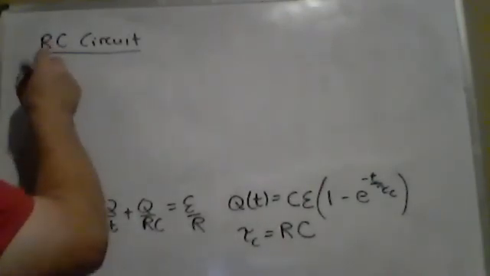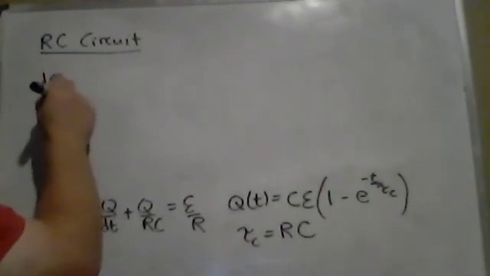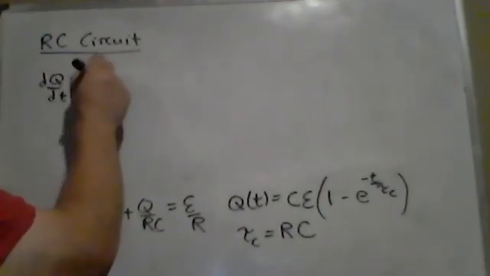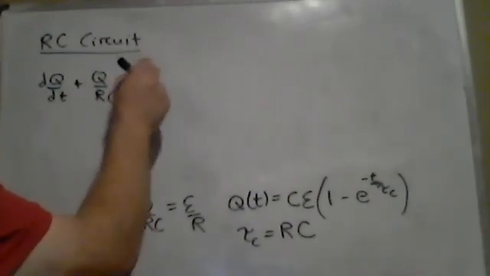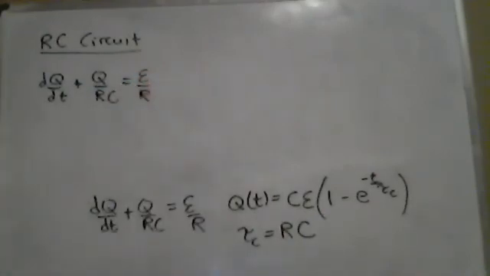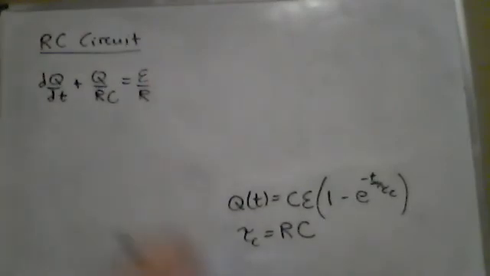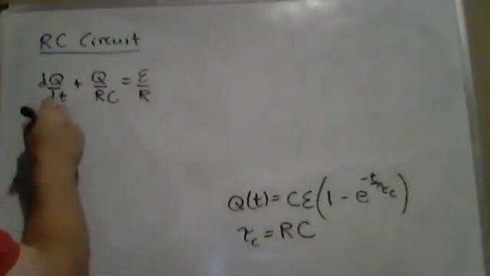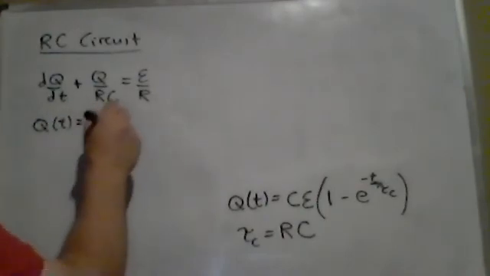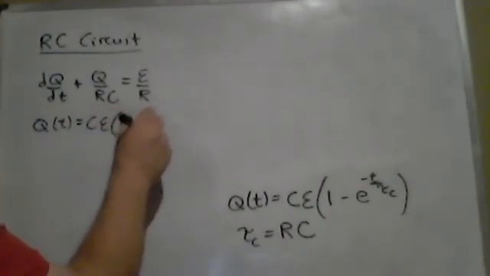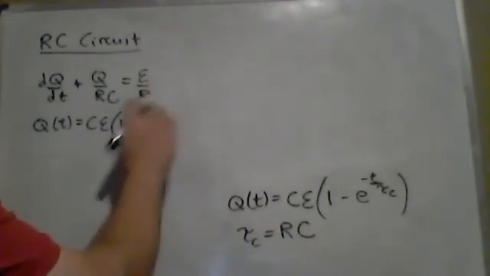So our differential equation for the RC circuit was dQ/dt plus Q over RC equals epsilon over R. And I found that I have a charging equation: Q as a function of time is C epsilon times (1 minus e to the negative t over tau sub C).